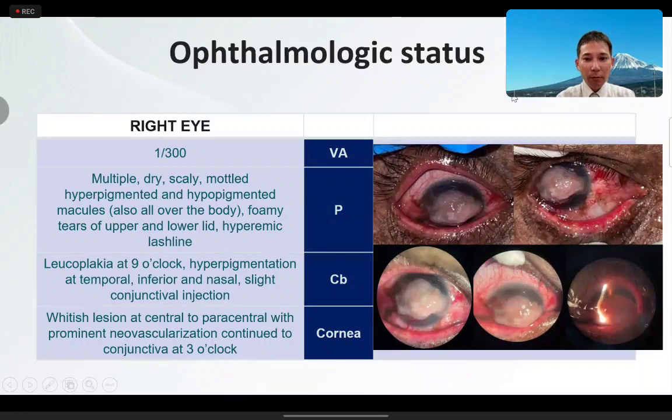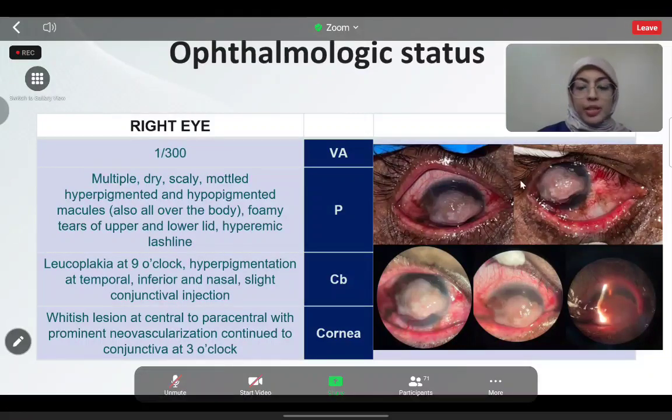For the ophthalmological status, the visual acuity was hand movement, with the palpebra showing multiple dry, scaly, mottled, hyperpigmented and hypopigmented macules, not only on the palpebra but all over the body. Foamy tears of upper and lower eyelid with lash line.